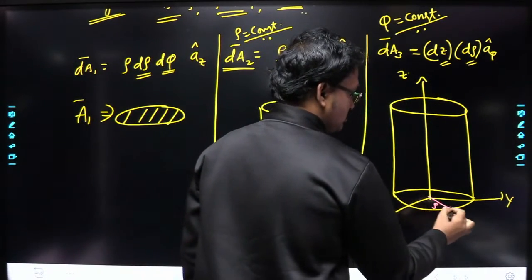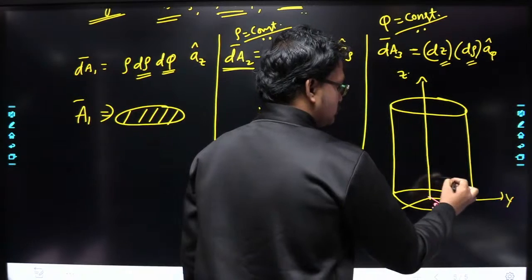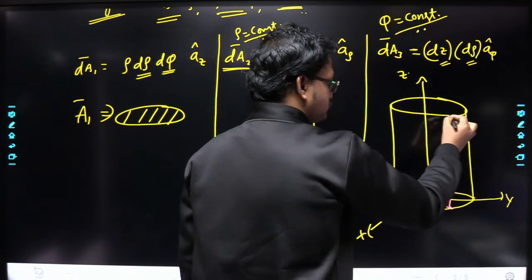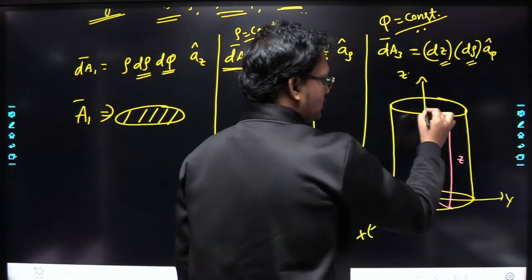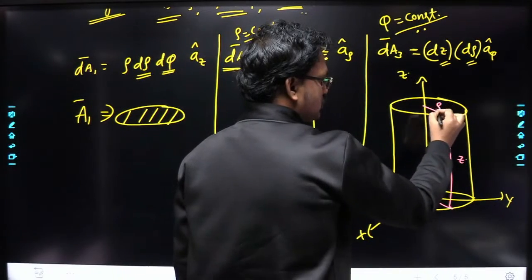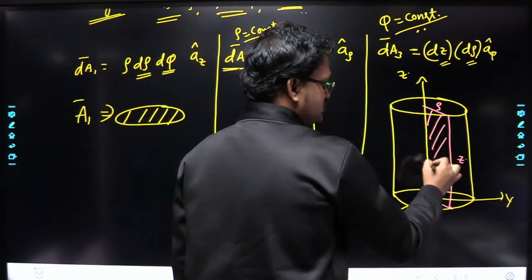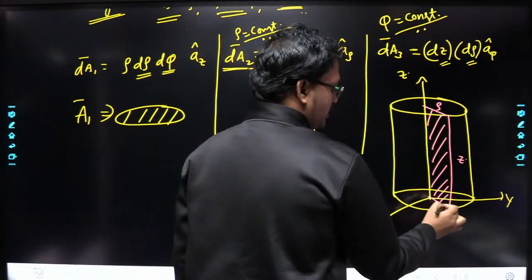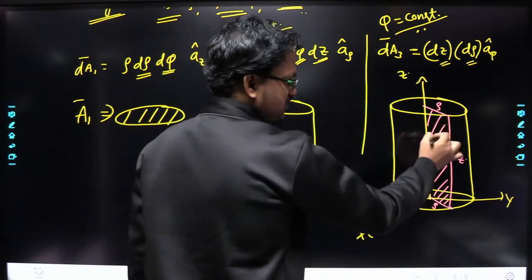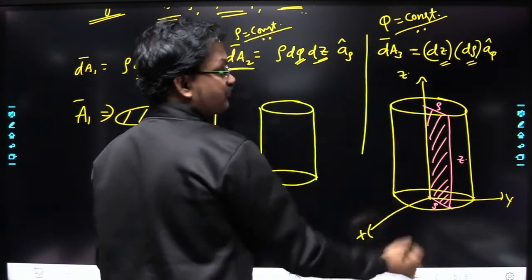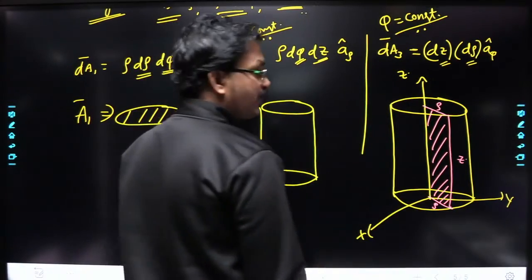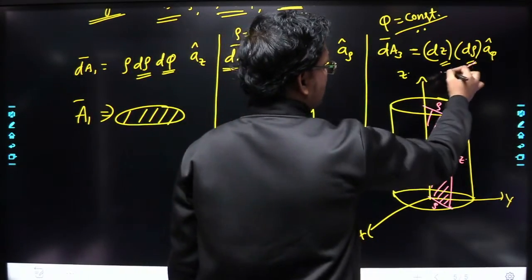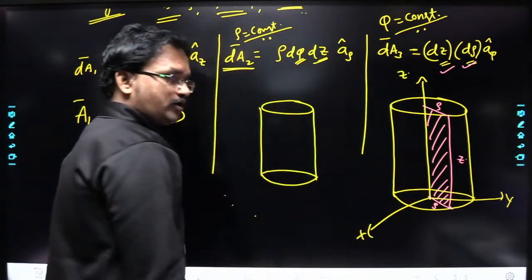So this is rho and this is z. If you vary rho and z, this is the surface area you are going to get. So this shaded region is nothing but the surface area of a rectangle.